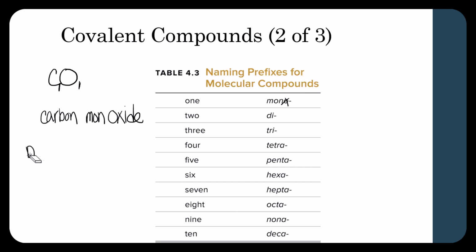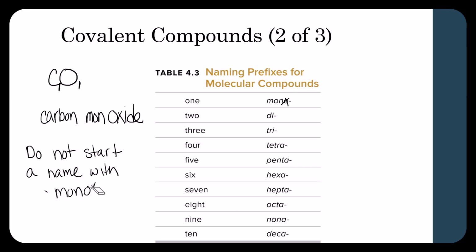We do not start a name with mono. So we don't say monocarbon monoxide. We don't say monocarbon dioxide, right? We would say carbon monoxide, carbon dioxide.